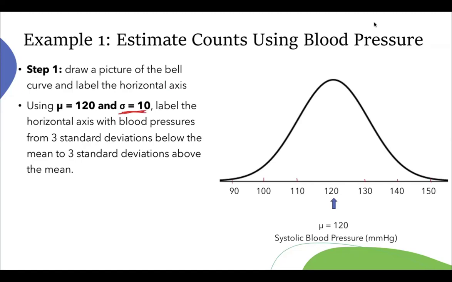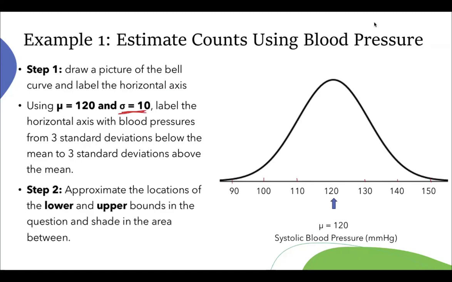And then let's locate the lower and upper bounds that are in this question. It said we had 100, so we're going to make our vertical line there, and it said less than 100. So try your best. The picture does not have to be perfect, but at least looking at this picture, you can have an understanding of what to expect, what kind of answer to expect.